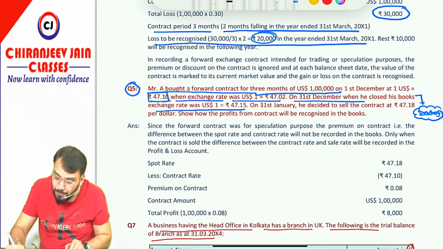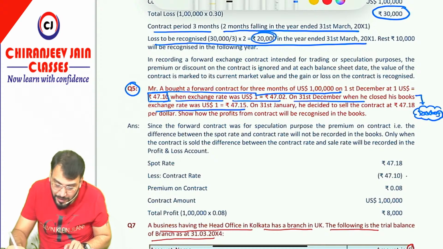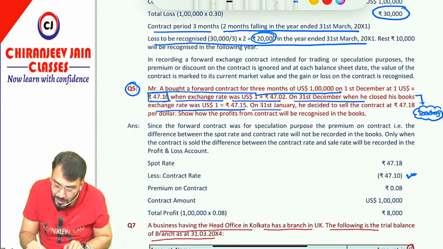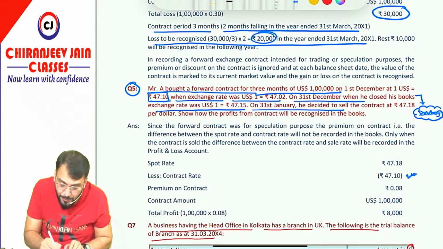So you can see they have purchased at 47.10, but now the price is 47.15. Now on 31st January he decided to sell the contract at 47.18.